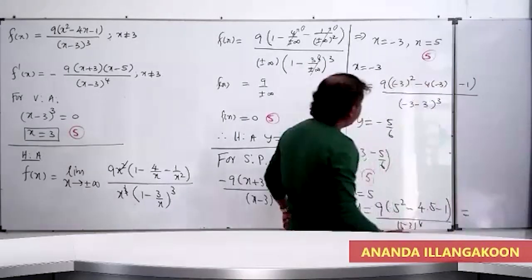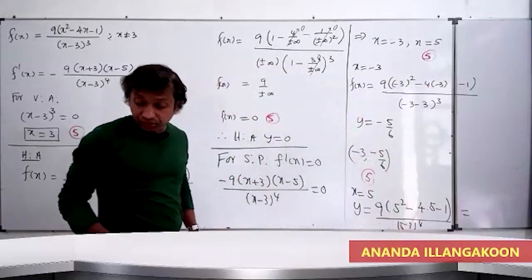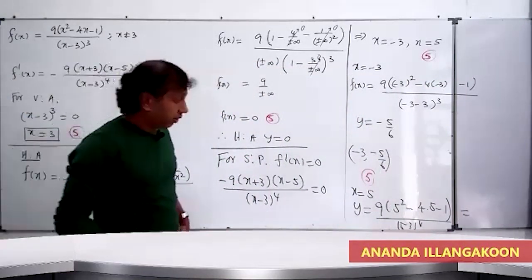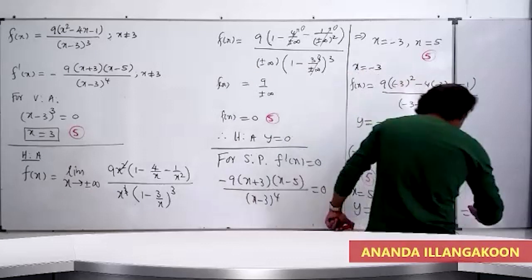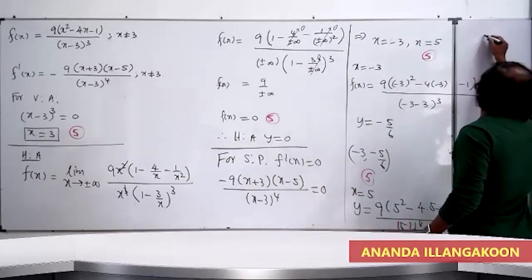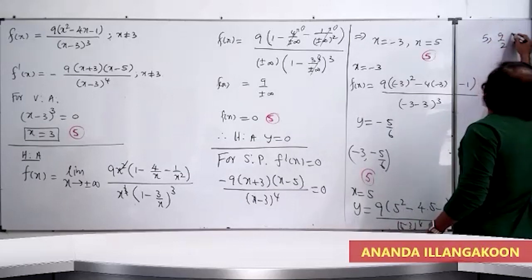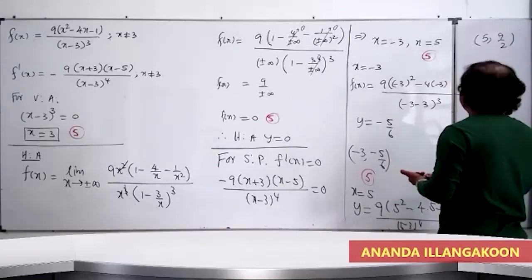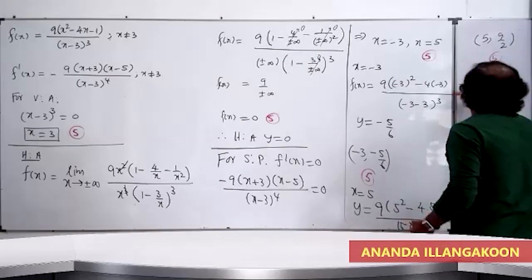When x equals 5, the y coordinate is 9 by 2. So the next stationary point is (5, 9 by 2), another 5 marks given.